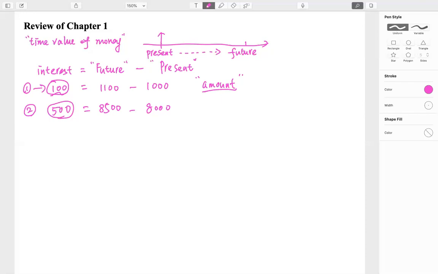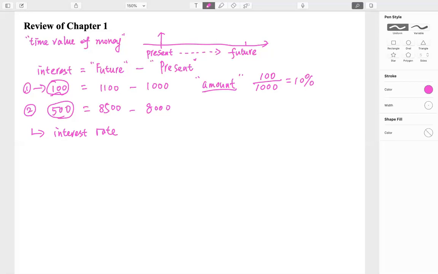So for that reason, it actually makes more sense to consider the percentage of cost, which is interest rate. Okay, when you calculate interest rate, it's somehow normalized, right? So in the first loan, it will be the amount you pay divided by the original size of the loan. So it's about 10%.